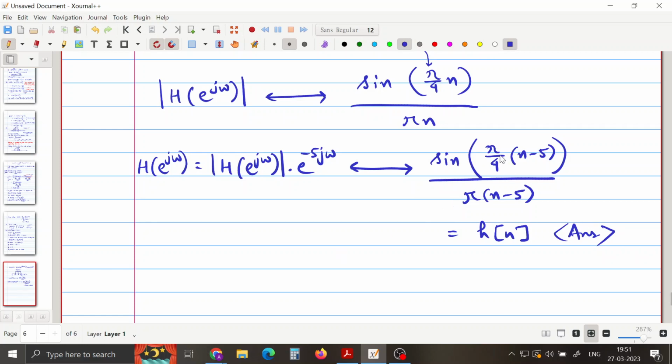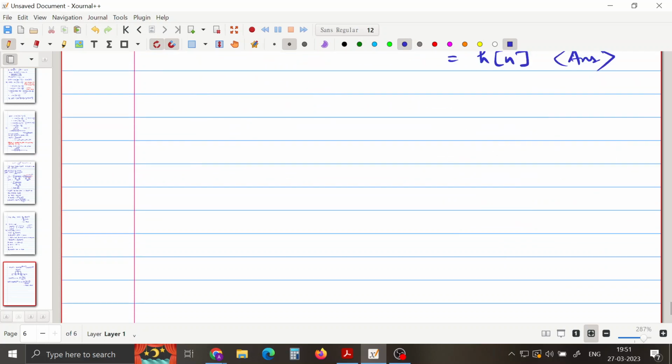Because sine is an odd function times 1 by pi n, which is another odd function, so overall it's an even function. If you plot this, I have already calculated this, so you should get something like this.